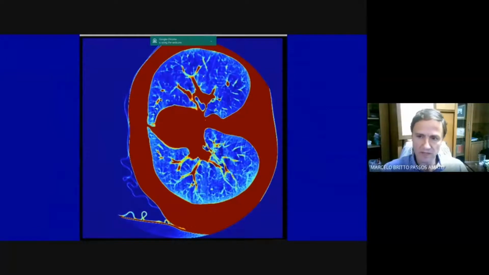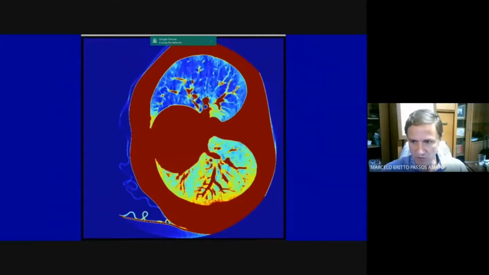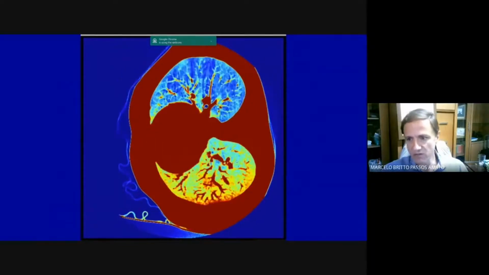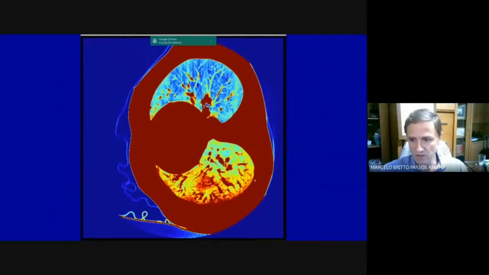So this is a patient in lateral positioning, and this is the right lung and left lung. When we remove CPAP, this patient suffers progressive collapse of the right lung, as you can see here. This lung is almost completely collapsed, while the left lung is still overdistended.